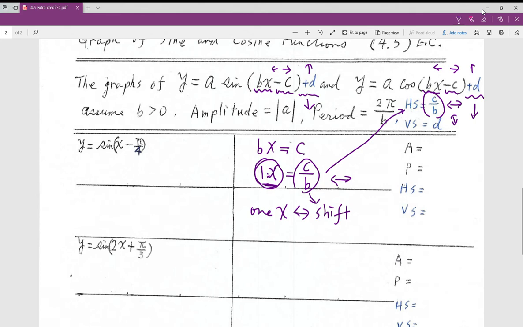So let's talk about it. I will let you graph this one by yourself. No, probably too hard. Let me see. Okay, let me try. This is a sine function. No matter what's inside the input, for a sine function the period will always be 2 pi. No doubt.